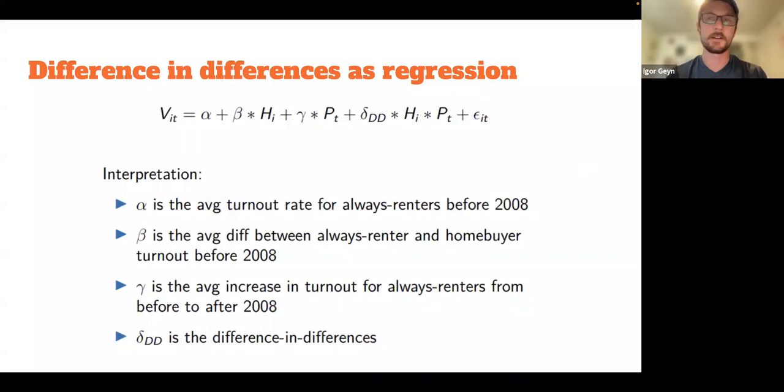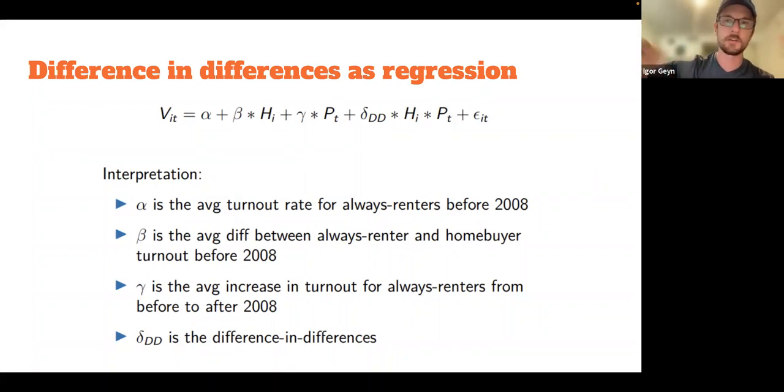What then is beta? Beta is the average difference between always renters and home buyers, which is to say the average difference between the control group and the treated group in this case before 2008, which is to say in the pre-treatment period. So beta, also known as the coefficient on our flag for the group type, on the variable that captures are you in group type 1 or group type 2?